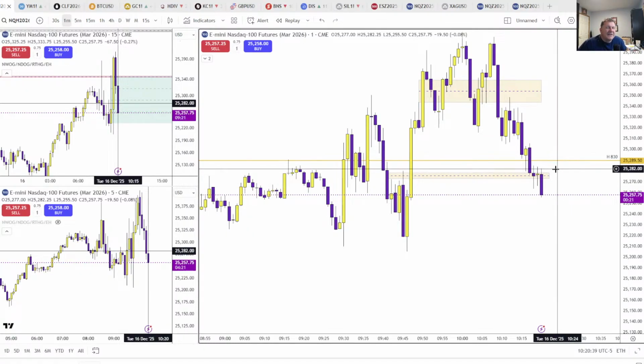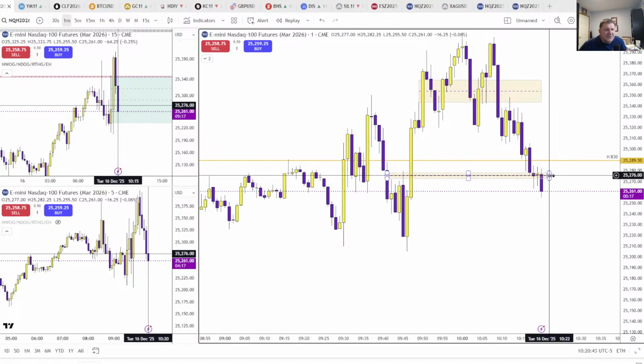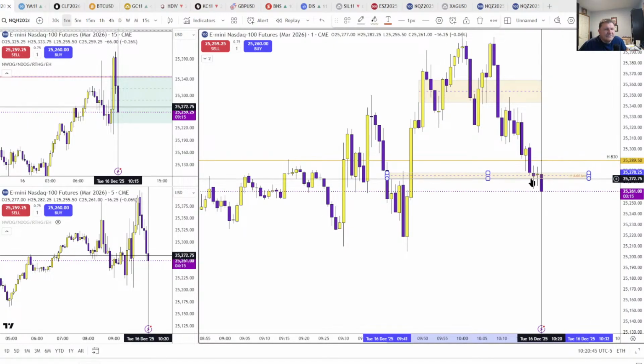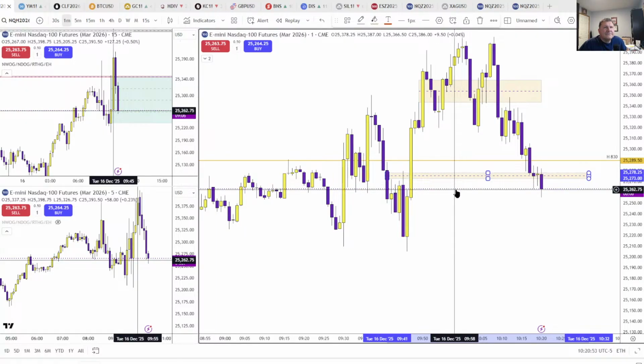Yeah, TopStepX was doing some nasty stuff. There's a lot of freezes going on with TopStep, and yeah. Only 10% payouts. Got it.